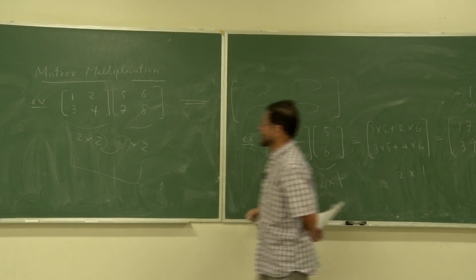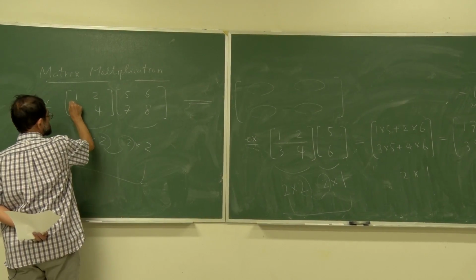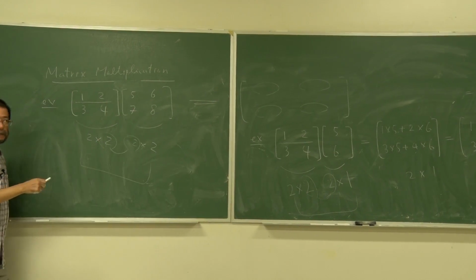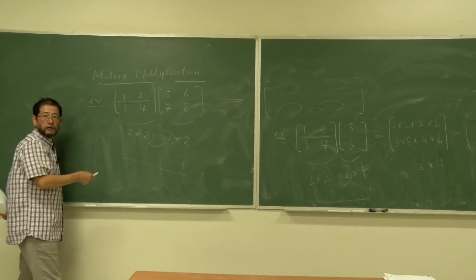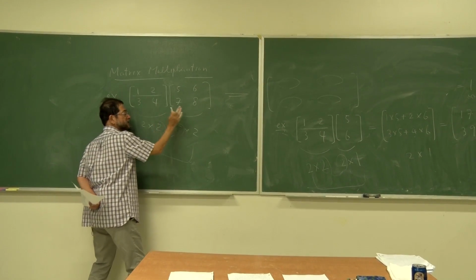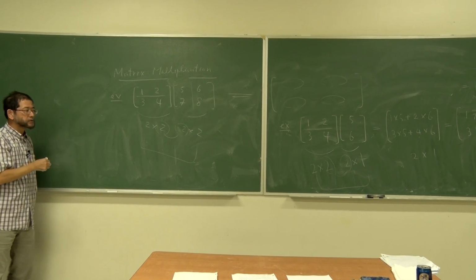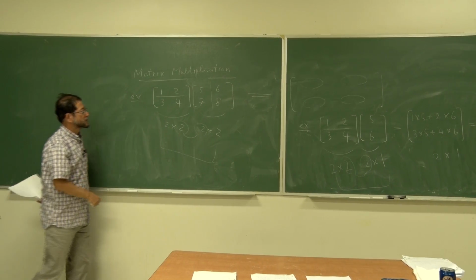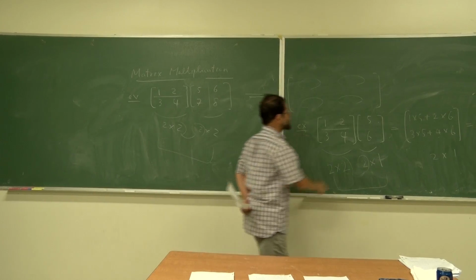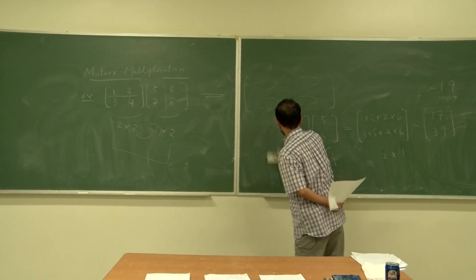As before, I suggest you split the first one row by row, and the second one column by column like this. That helps you compute the product. Again, the rule is the same as the second example.